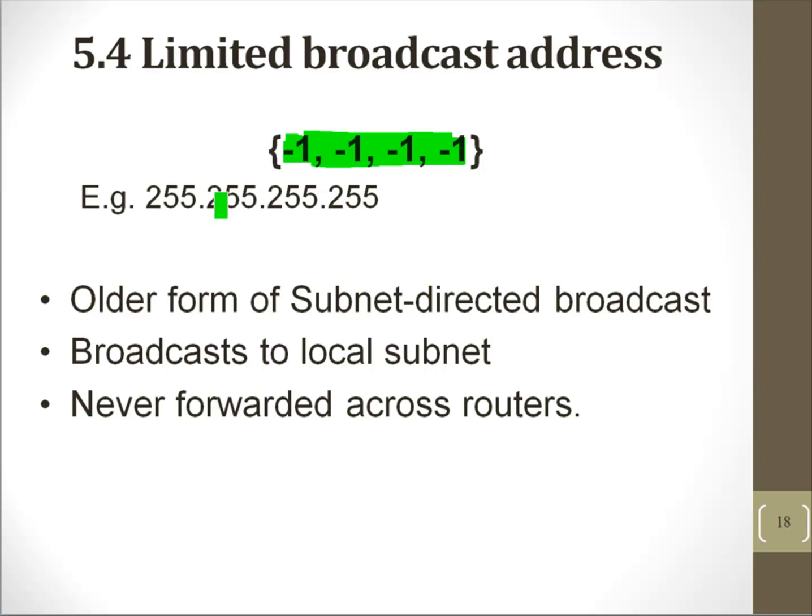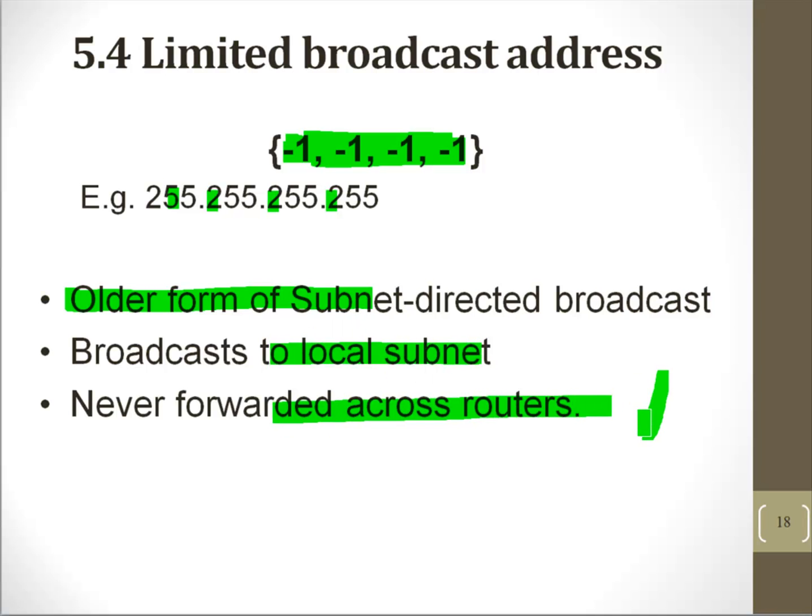So this is equal to 255.255.255.255. This concept is the limited broadcast. It is an older form of subnet directed broadcast, but people still use it. It is an easy way to do the broadcast. It broadcasts to the local subnet and is never forwarded across routers. These packets will never cross the router, so your router will completely drop these types of packets.